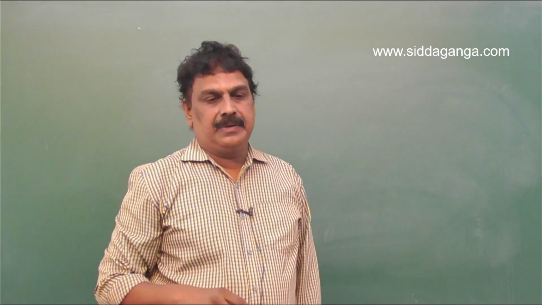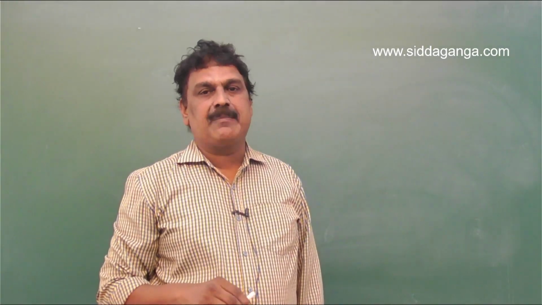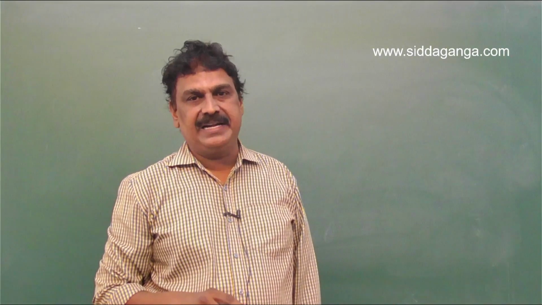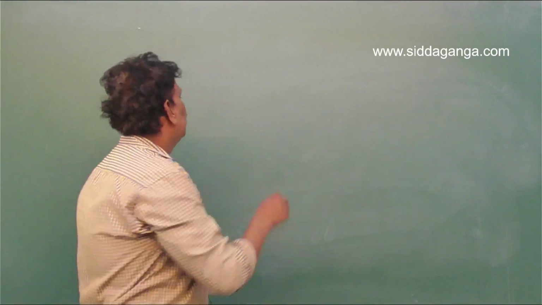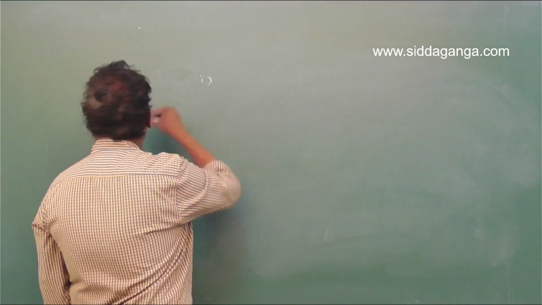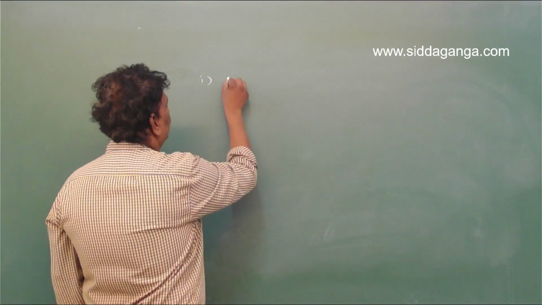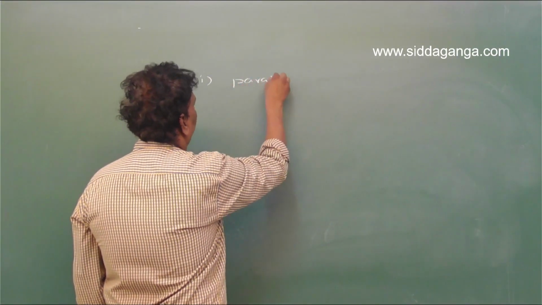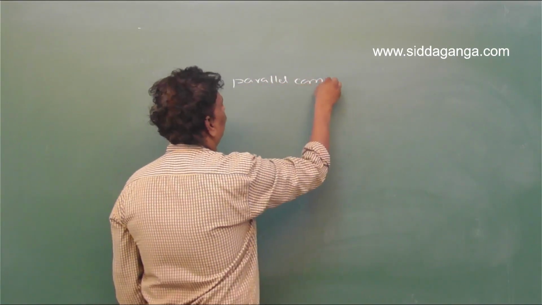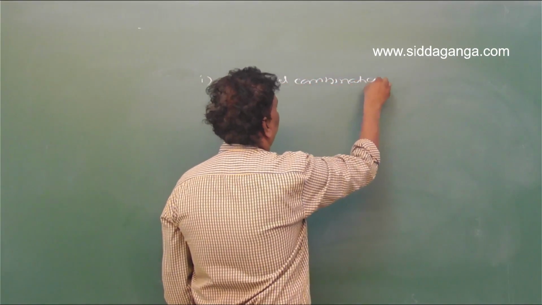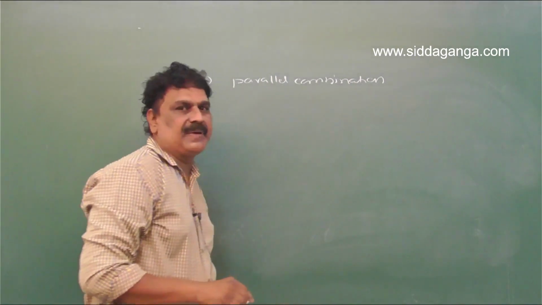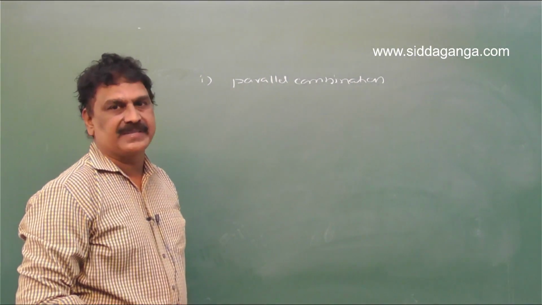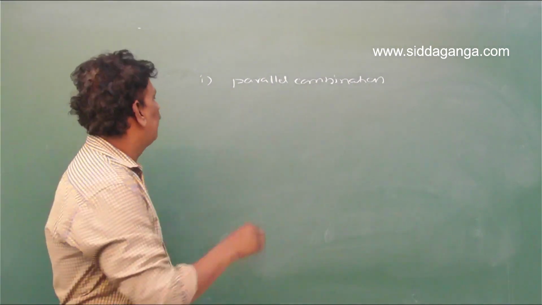Now to get the maximum value of current in a grouping of cells, condition number 1 is that the grouping should be a parallel combination of cells. Just by parallel combination of cells we cannot get the maximum value of current.